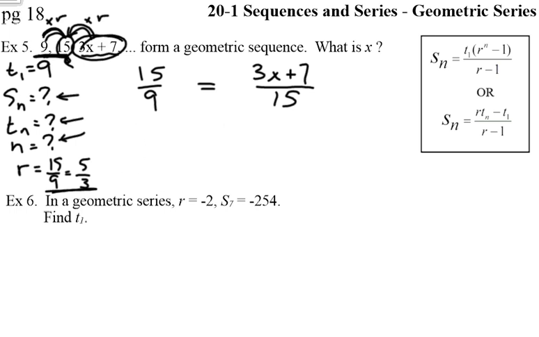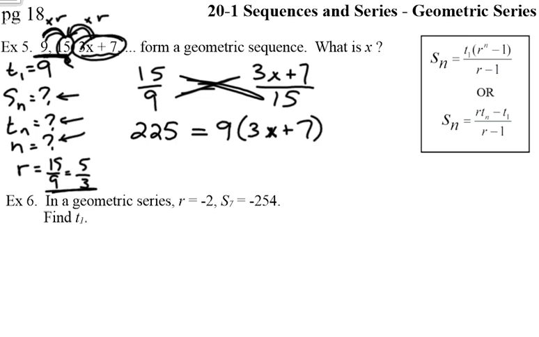How do we cross multiply? Multiply what we can. 15 times 15 is 225, and that will give the same answer as 9 times 3x plus 7. Cross multiplying gives the same products. So 225 is going to be the same as 9 times 3x plus 7. We just have to solve for x now.